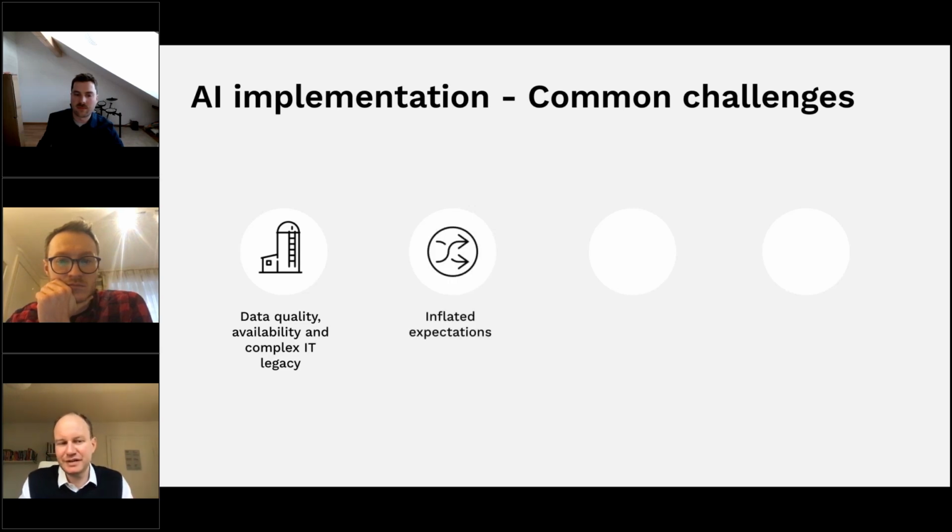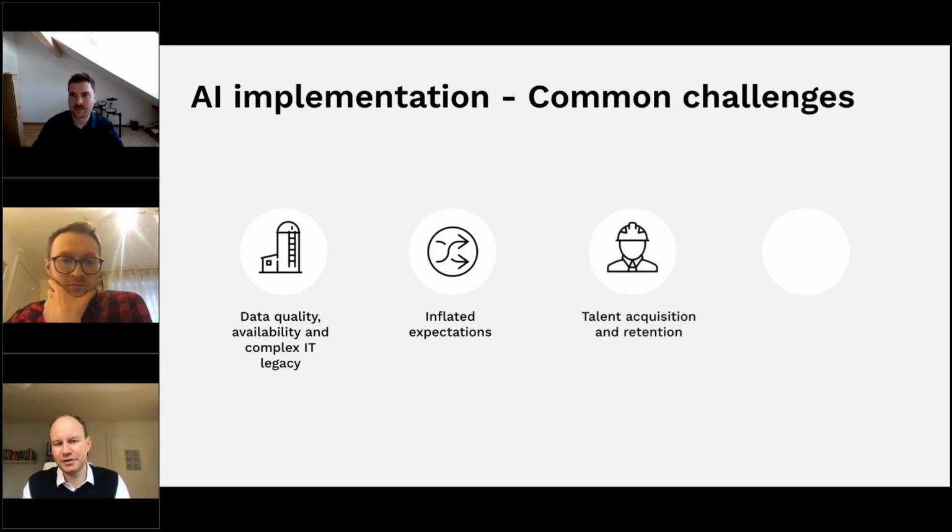Inflated expectations are also sometimes a challenge, because typically it will take some time to generate that ROI on AI use cases. And it all depends a bit on the situation on the ground that needs to be taken into account.